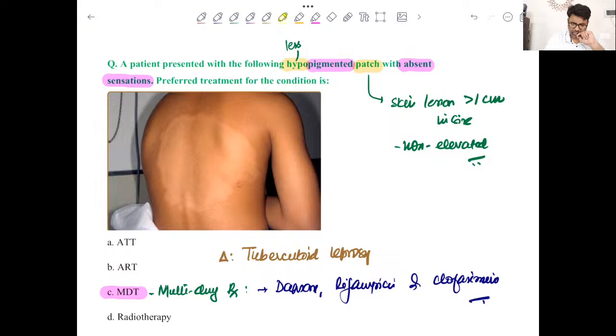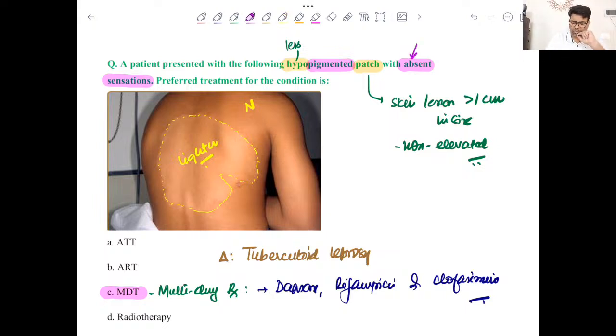You can see a large hypopigmented patch. Okay, means if you look at the color of this area, it will be lighter. This is normal. This is lighter, right? So this is hypopigmented, and if you touch it, there will be no sensation.